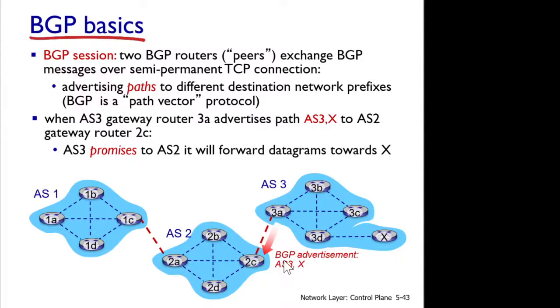It's not exactly the format, but that's pretty much what's communicated: AS3, X. AS3 is promising to AS2 that if there's a datagram for X, it will deliver it. So just send any datagrams for X to AS3 and it'll sort it out. That's what it's saying to AS2.